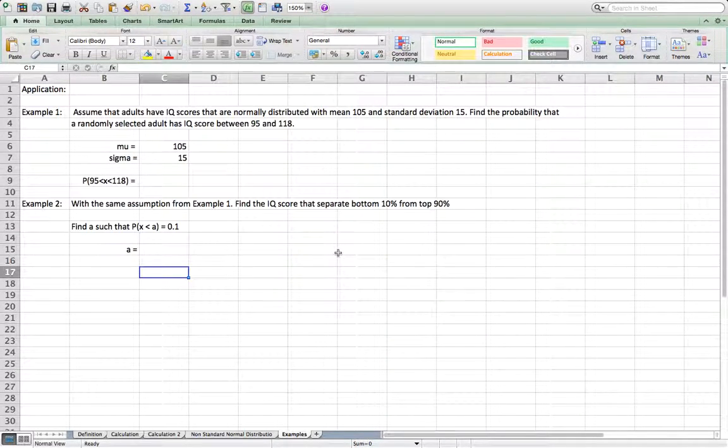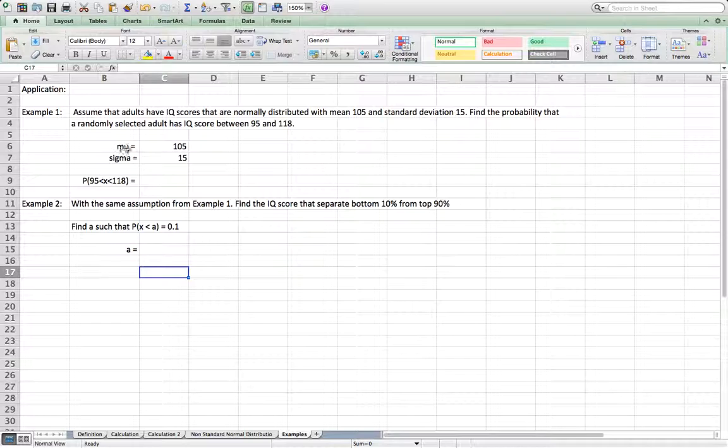Now let's use the knowledge we studied to see some examples. Example 1. Assume that adults have IQ scores that are normally distributed with mean 105 and standard deviation 15. Find the probability that a randomly selected adult has an IQ score between 95 and 118.